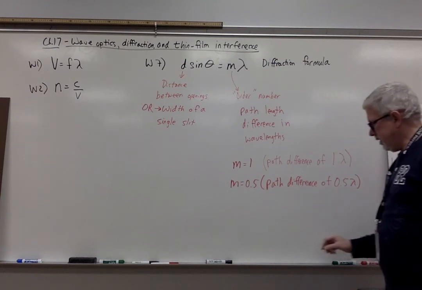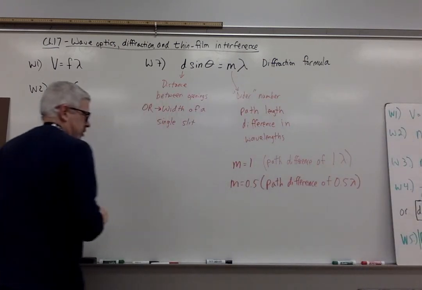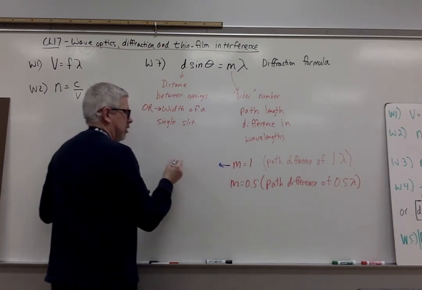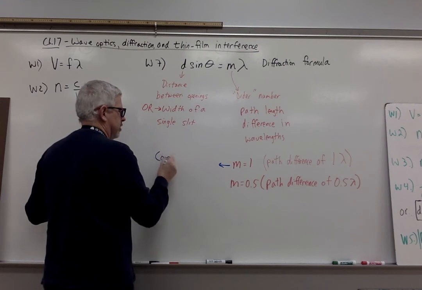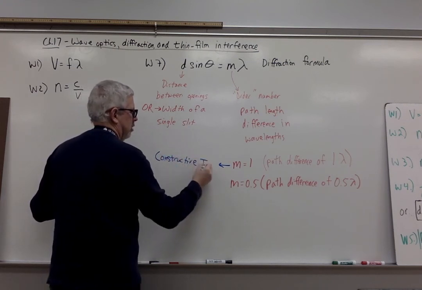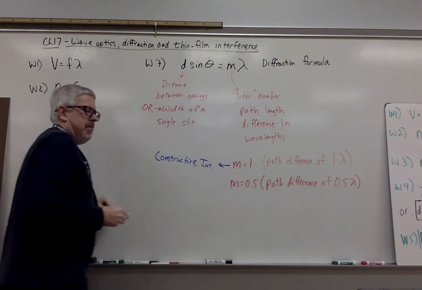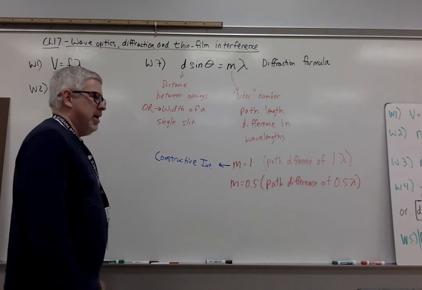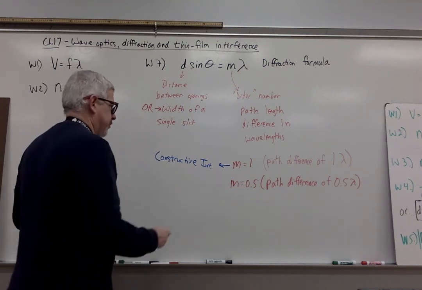So when we have whole numbers for m, we have constructive interference. That means the light reinforces itself, so we get a brighter spot of light.